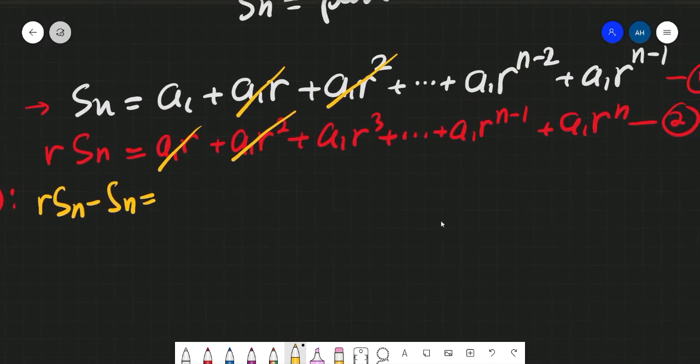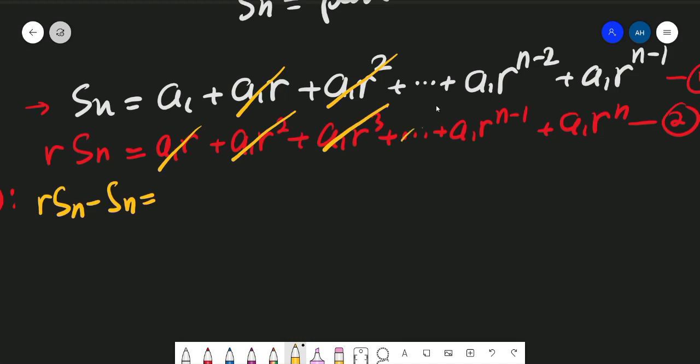Now let's see whether we can cancel a1r cubed. Do we have a1r cubed in equation number 1? The answer is yes, because it's somewhere here, but it is not written. It is there, somewhere in between the plus signs. So a1r cubed also will cancel. All the terms will cancel.